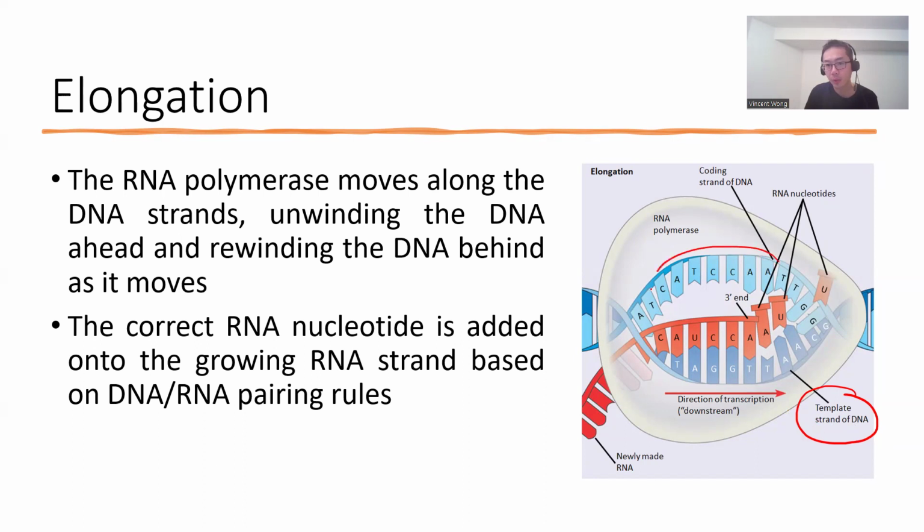The other strand that we are not using, that's called the coding strand. I'll tell you more about them later, but now I need to know if you understand why we are not copying both strands and that we are only using one strand to build the RNA.